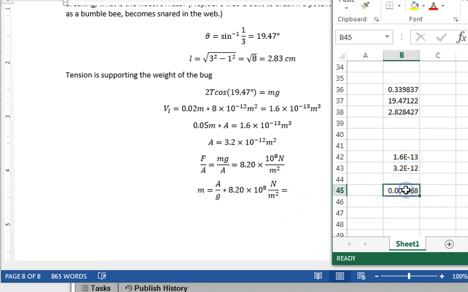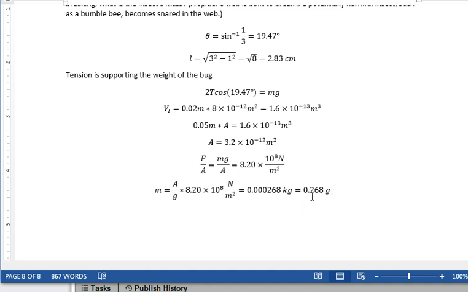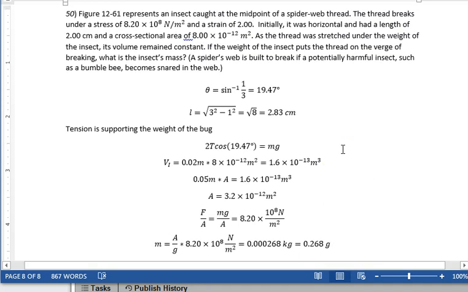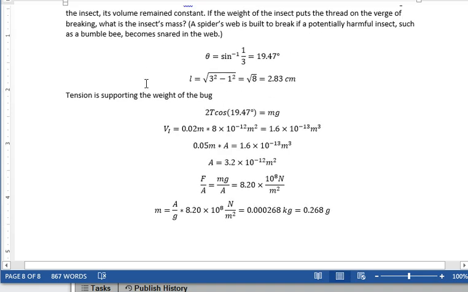Okay, and so we get a mass of 0.000268 kilograms, which is 0.268 grams. All right, and that is the mass of the bug. And that is it for problem 50.